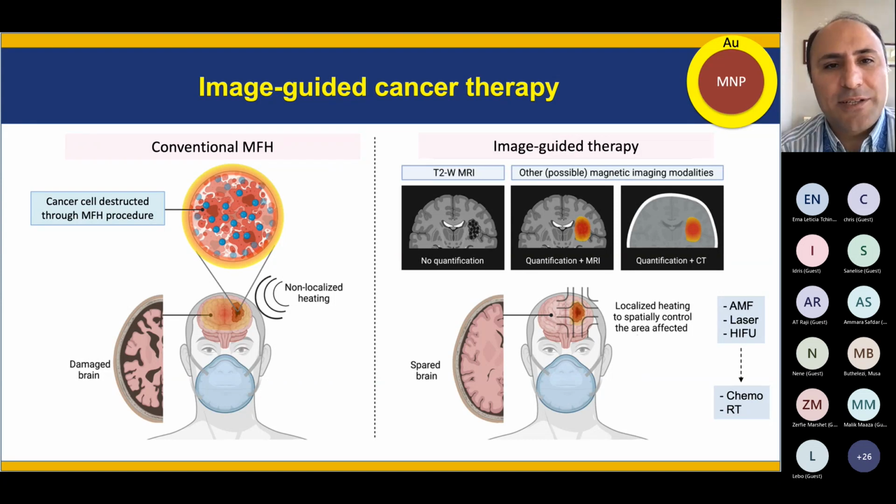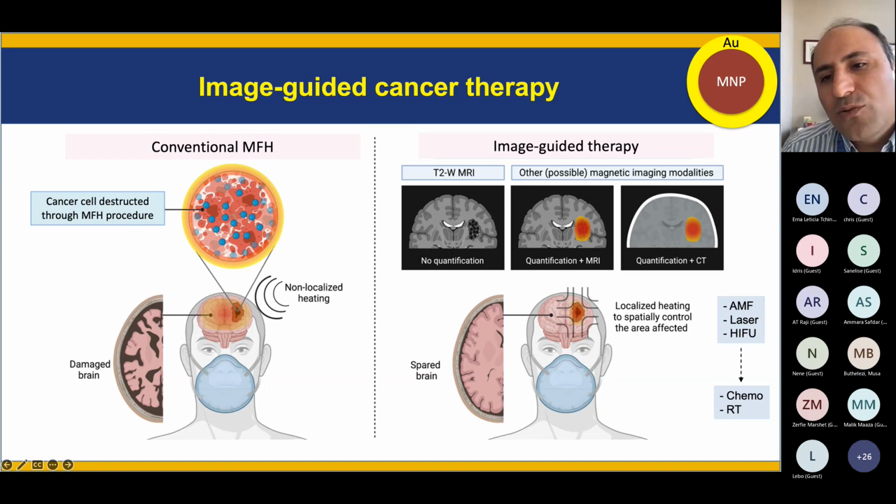And finally, I'm going to talk about the project that we are doing here in the field of MPI-guided hyperthermia. As I said, conventional magnetic fluid hyperthermia has a side effect because there is a high chance to irradiate the normal part of the brain, and we can destroy the normal part of the brain.